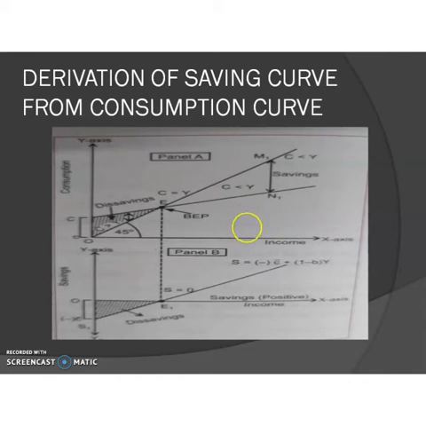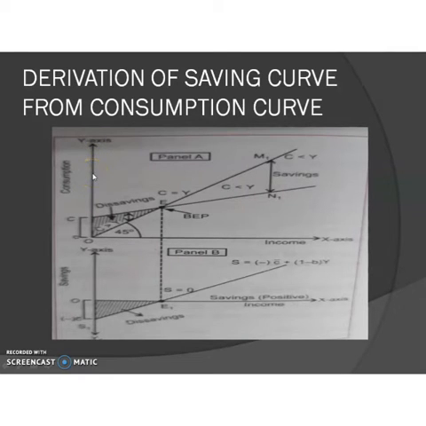In this figure, we can see two panels, panel A and panel B, showing the derivation. In panel A, consumption is represented on the vertical axis, that is, consumption is measured on the y-axis.